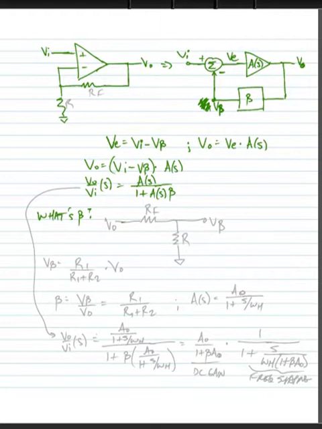So we can find beta by using the beta circuit, which is simply RF and R. So it's a voltage divider. So we can say that V beta is equal to R1 divided by R1 plus R2 times V out. We can define beta as being V beta divided by V out, which is equal to R1 divided by R1 plus R2.